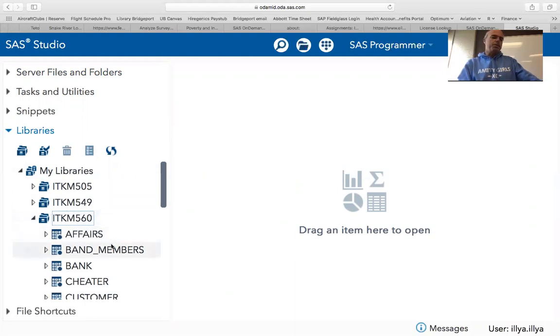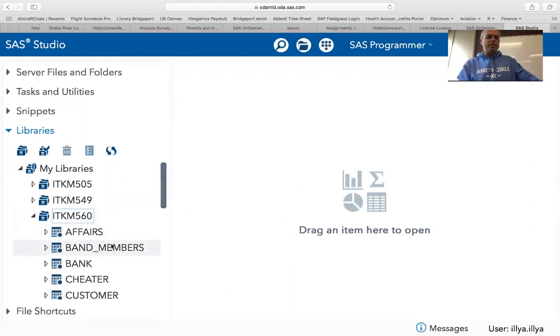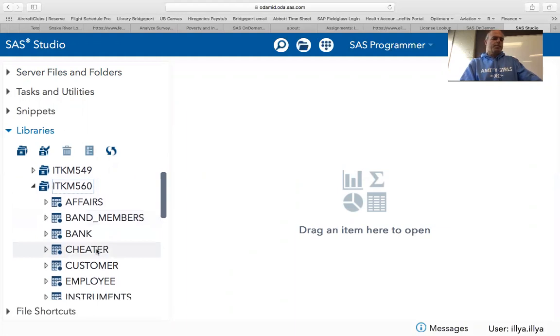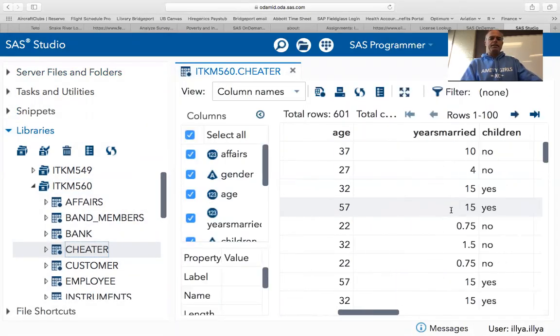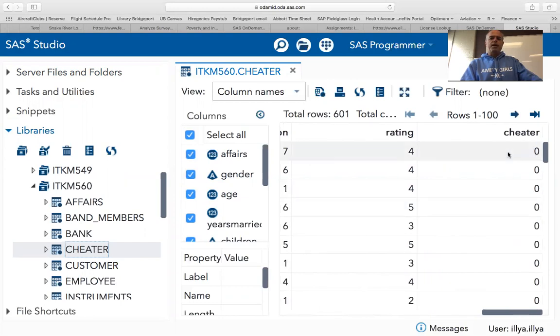You guys already have access to this. So anyway, I have this data set, cheater, which is basically the FAIRS data set with a dichotomous variable, cheater, 0, 1, okay?